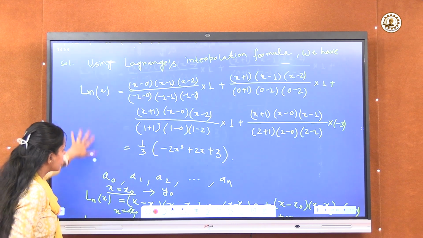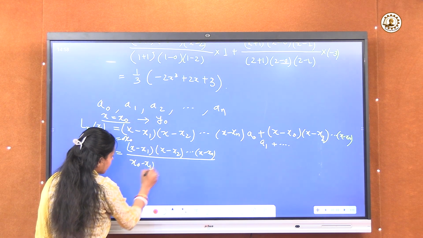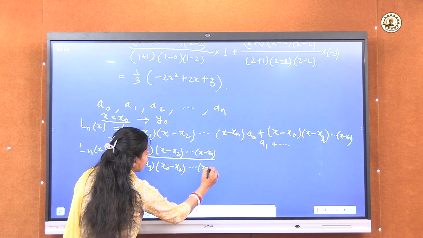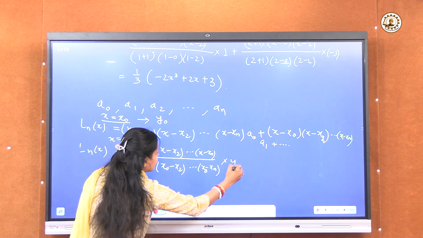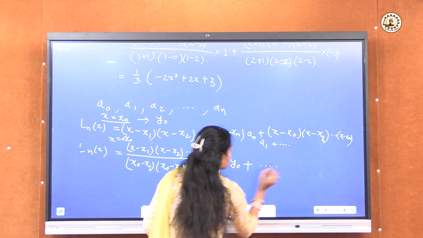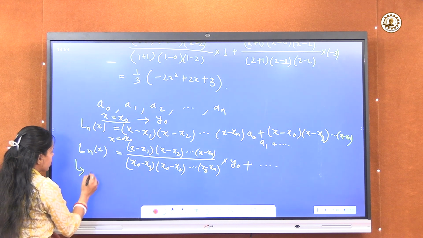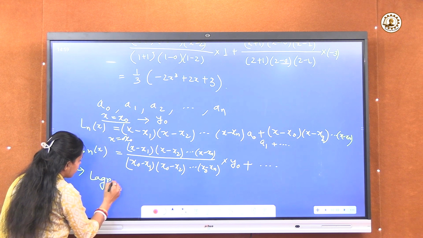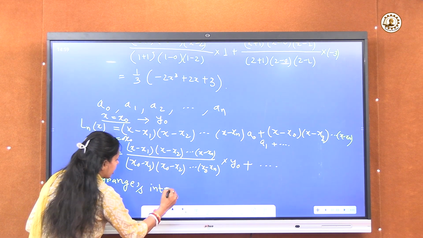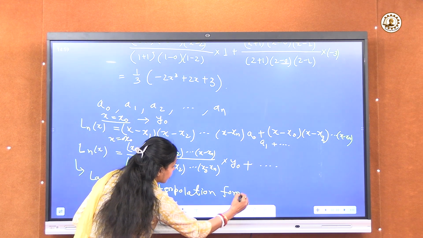So we apply the nth formula: first (x minus x1)(x minus x2) up to (x minus xn) divided by (x0 minus x1)(x0 minus x2) up to (x0 minus xn), times y0. These processes continue, so our formula is called Lagrange's interpolation formula. We have established that.